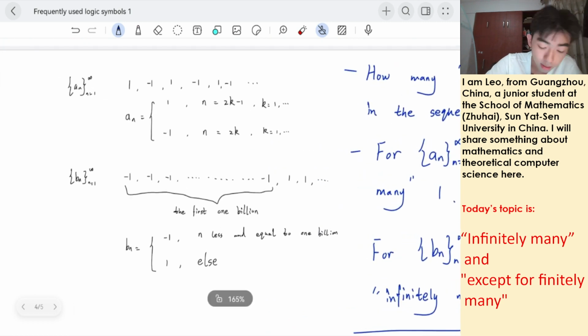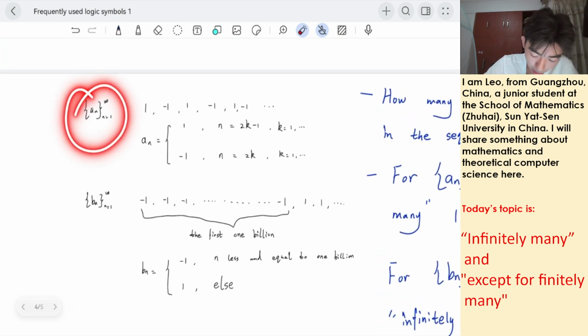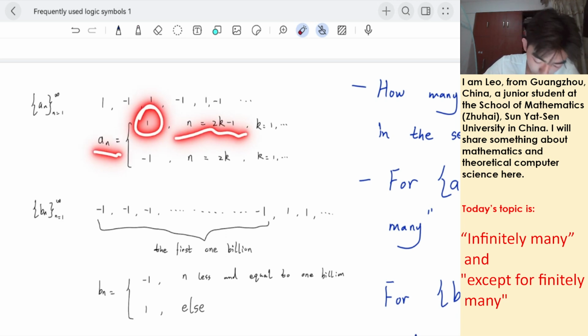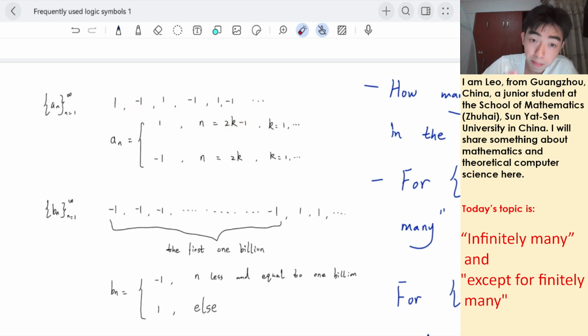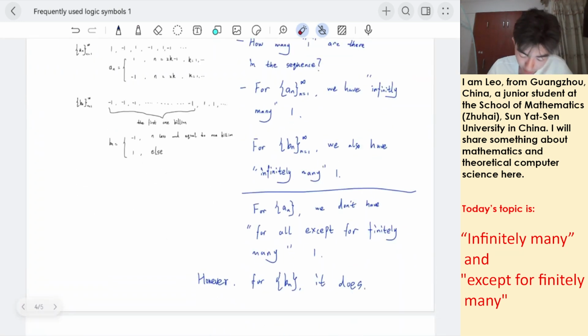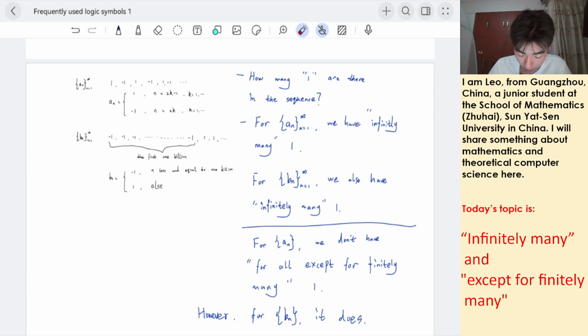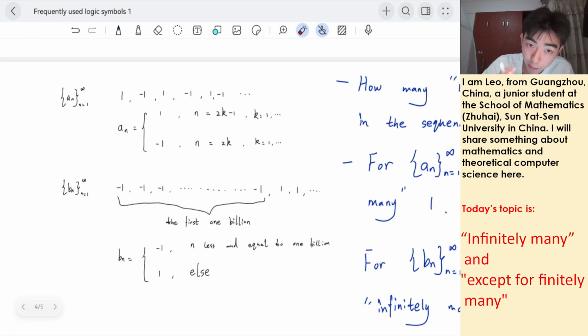When we talk about an, this sequence, although it has infinitely many 1s appearing, whenever n cannot be divided by 2, we also have infinitely many minus 1s. So we cannot say that all an are equal to 1 except for finitely many, because although we have infinitely many 1s, we also have infinitely many minus 1s.